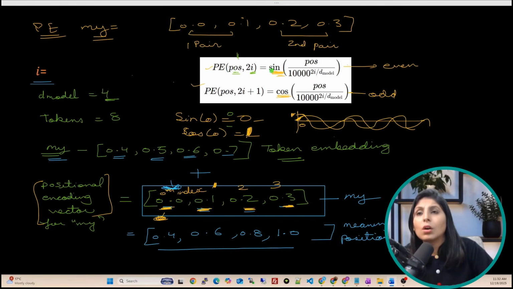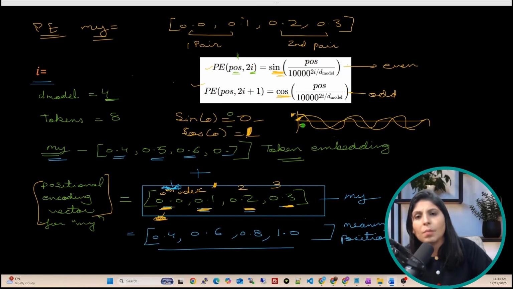Now you know what position is. When you are working on my token, the position will be 0. And i simply means the index of the values inside the positional encoding vector. So for my token, you write position 0 over here.